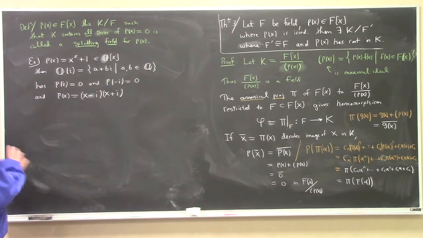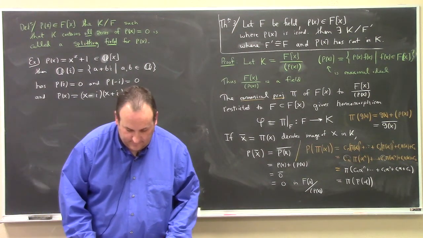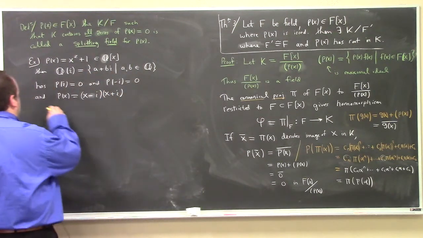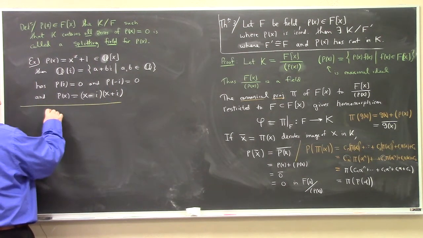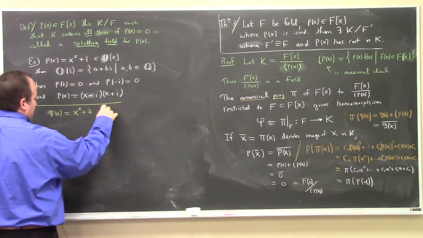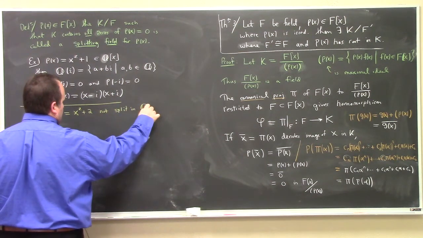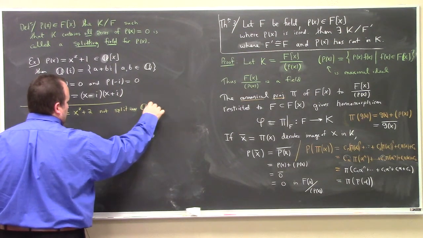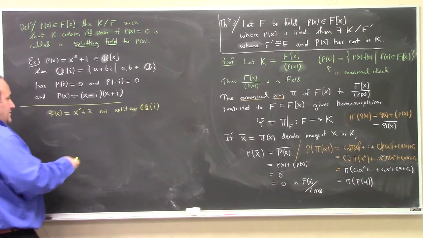But it's only for that polynomial specifically. Actually, no, it should be for all of them, right? Well, that's an interesting question, and that's the kind of question we're going to be asking as we go forward. Your homework is about this: if we had, say, q of x equal to x squared plus 2, it's not split over Q adjoin i.